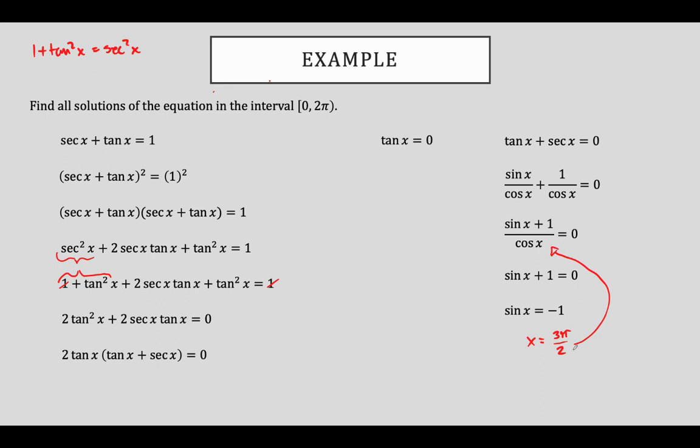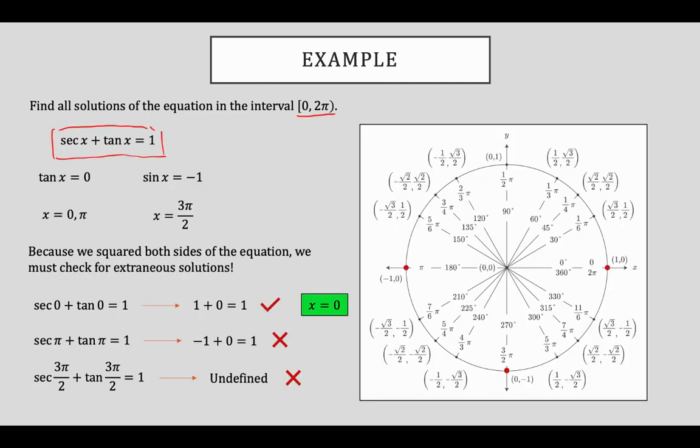So that tells us that x equals 3 pi over 2 is also not a solution. You could have picked up on that here in this step, or picked up on it as you were checking for extraneous solutions in the end, right? Either way, we are able to verify x equals 0, our only solution. So that's finding solutions to equations in the interval 0 to 2 pi.